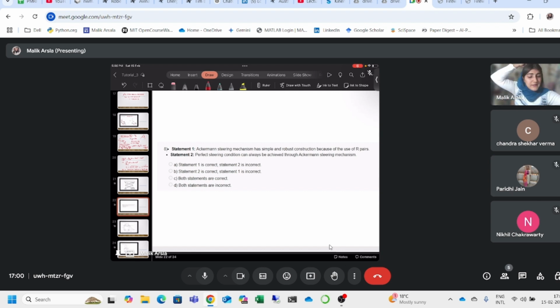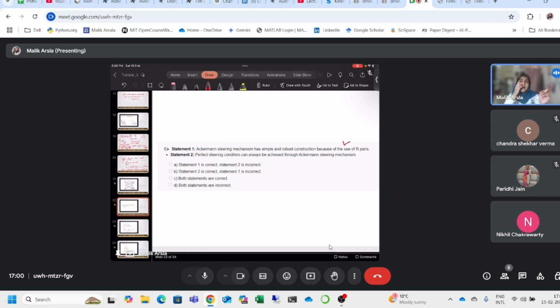So two statements have been given, and we have been asked which one is correct and which one is incorrect. So statement 1 is correct or not? It is correct, because we know that the construction of Ackermann's steering mechanism is relatively simple because it has only R pairs.